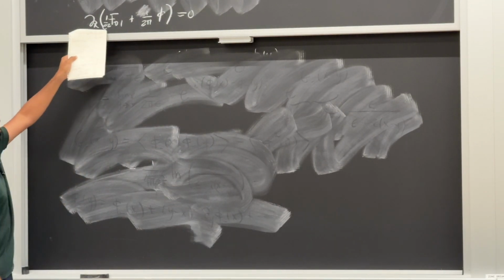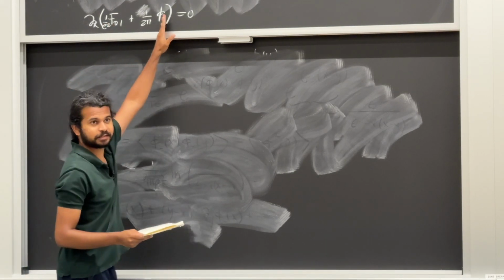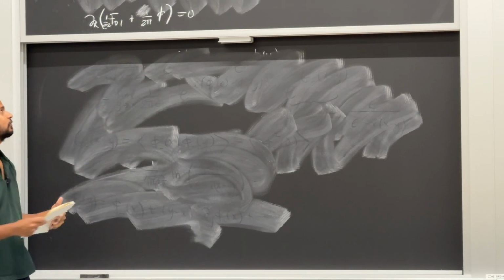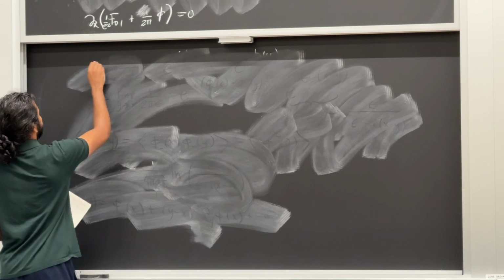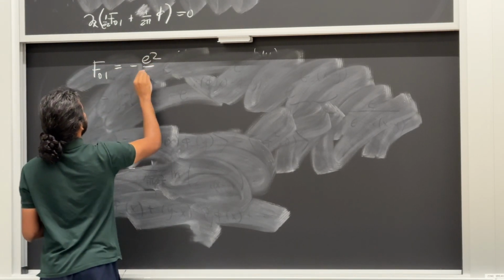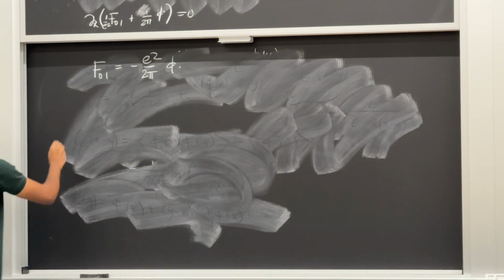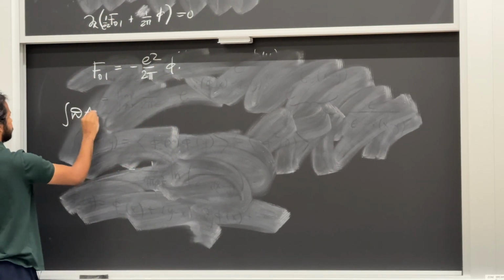solve it in such a way that, well, this thing is a constant, but I'll just set the constant to 0 for simplicity. So we will have f01 equals minus e squared by 2 pi, plug it back in. That is equivalent to just doing this.